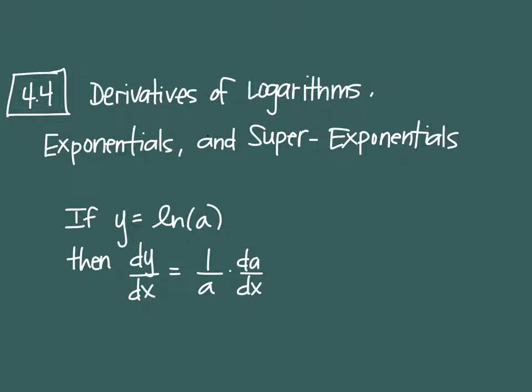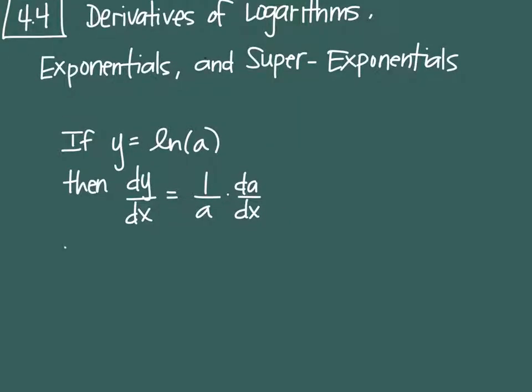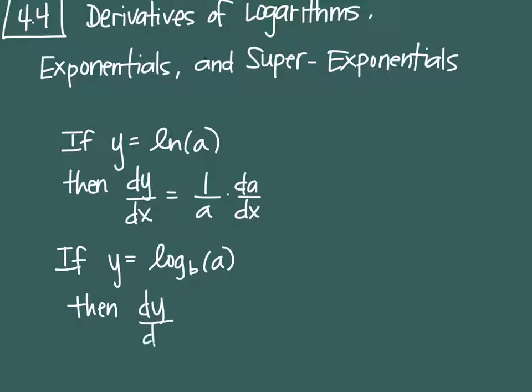Now what if it's not a natural log? So if y equals log base b of a, then the derivative on that is still 1 over a dA/dx, but additionally 1 over the natural log of b.